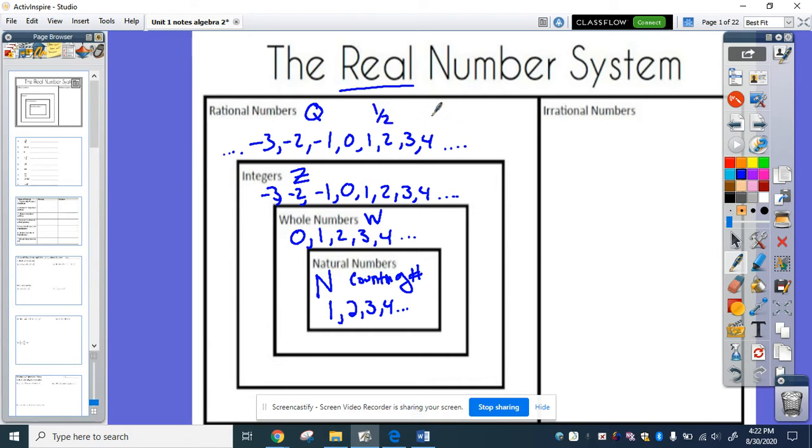Anything that can be represented as a fraction. So let's say, for example, 8/3. 8/3 is a repeating decimal, but that's okay because I can express that decimal as a fraction with both numbers being integers and the bottom number can't be 0.